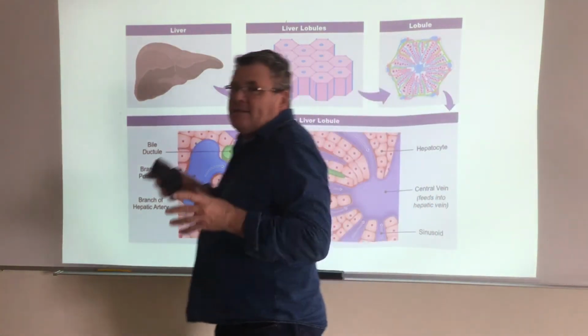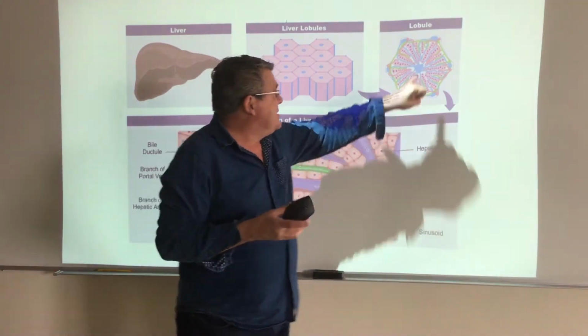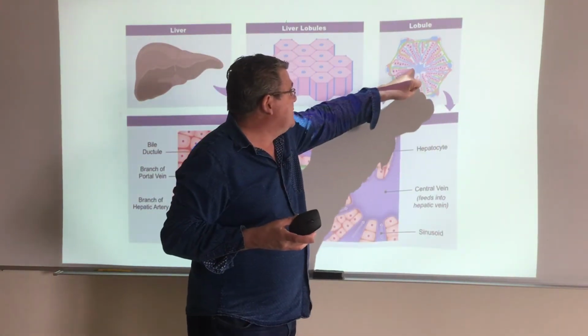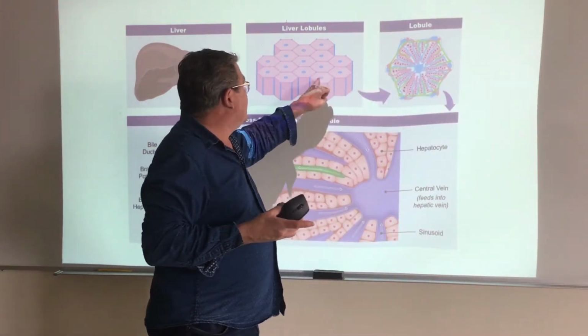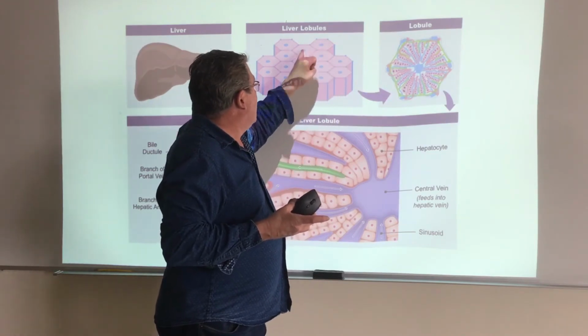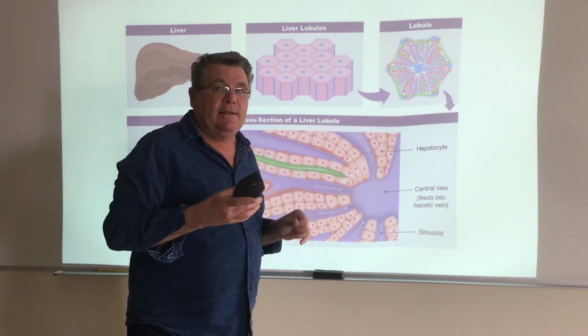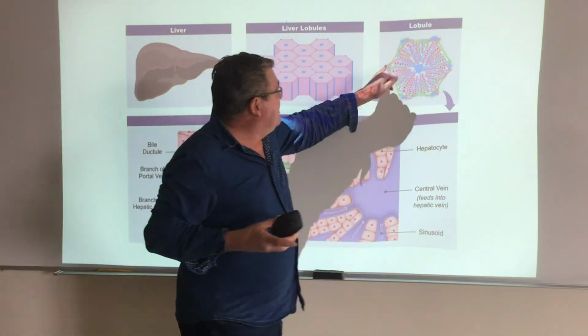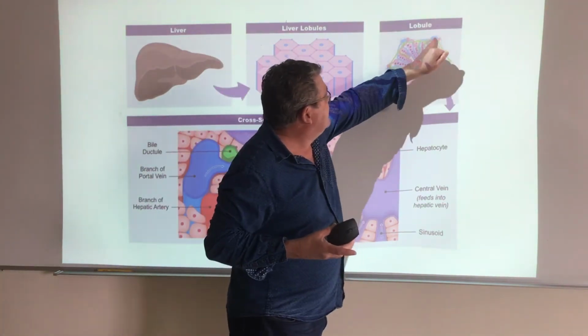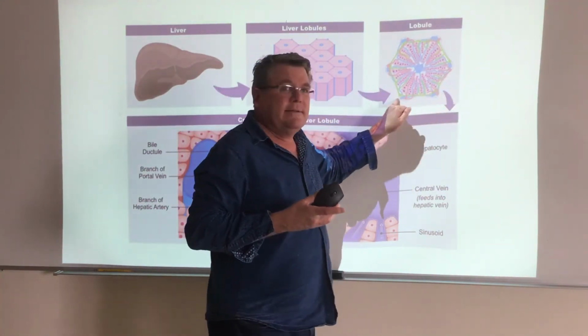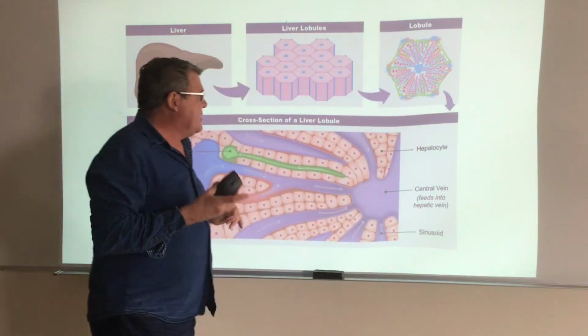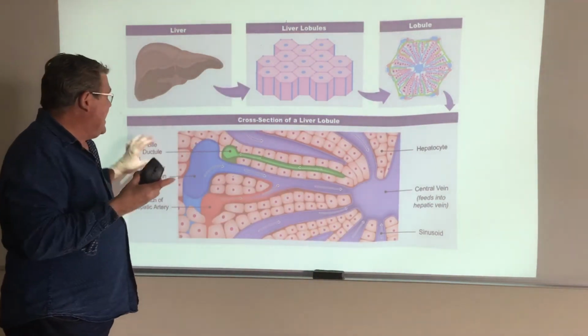And a couple of things that might stand out. We've got this central area called the central vein. That's what we can see in the middle of each one of these hexagonal columns. And then we've got these kind of complex areas out around the outside. And these are called hepatic triads.